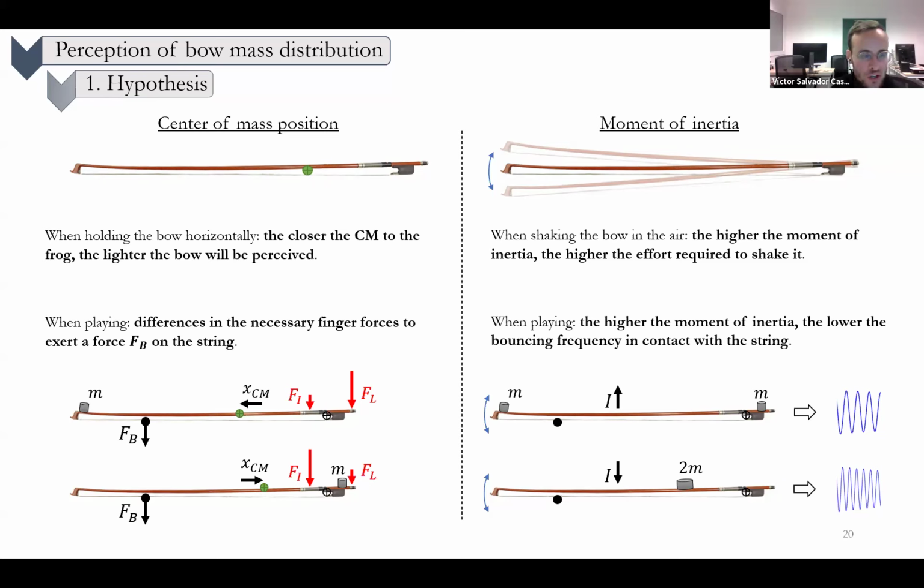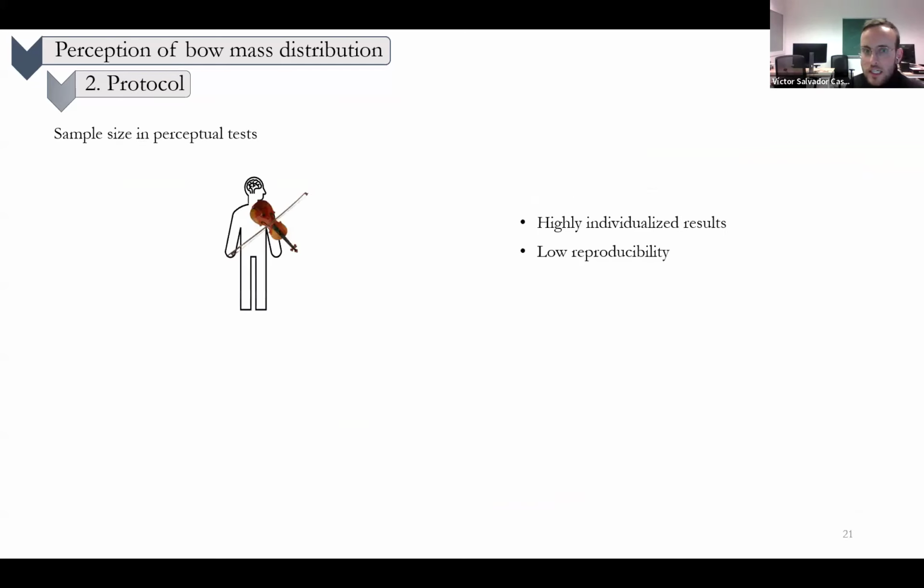Okay, so we're going to do perceptual measurement tests with people, and we have the problem of sample size. So the work of, I will say, every bow maker is to make individualized research to achieve what the violinist or the client wants for a specific bow.